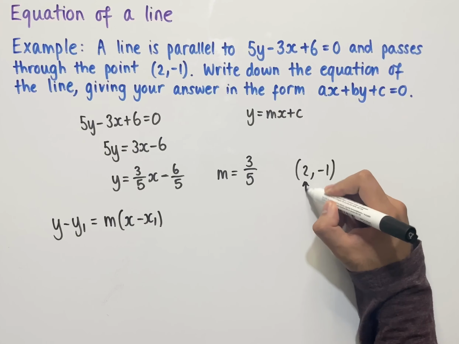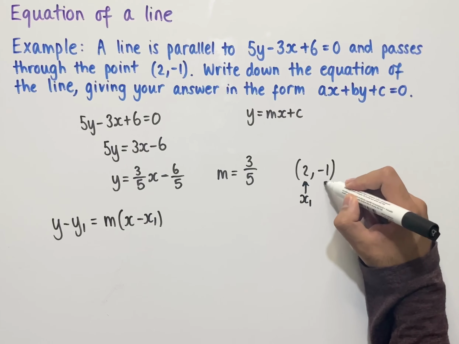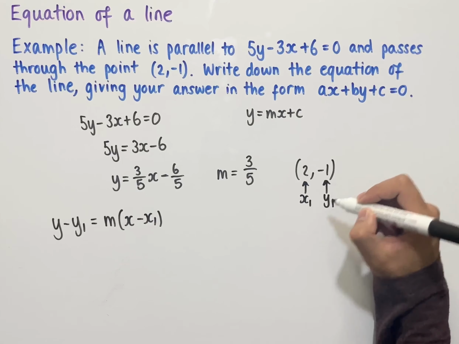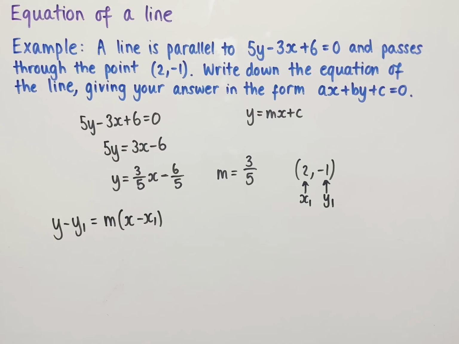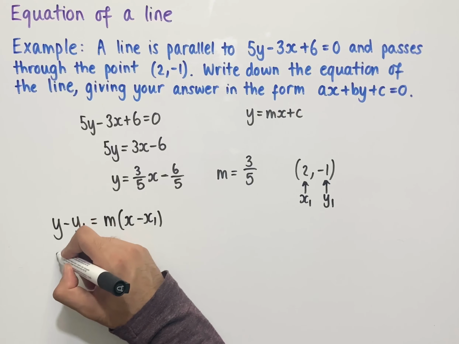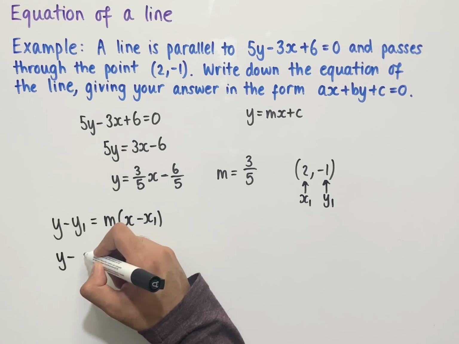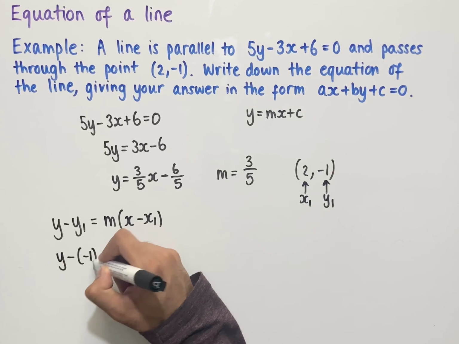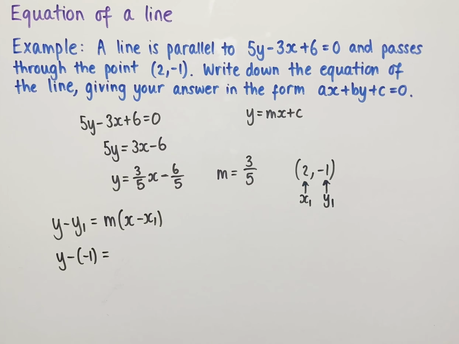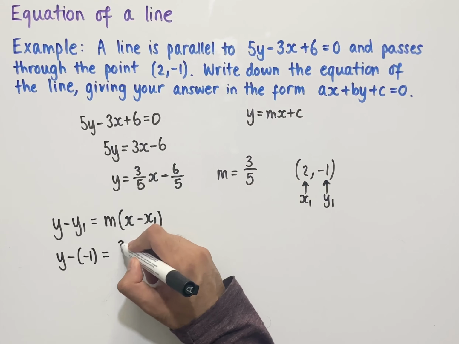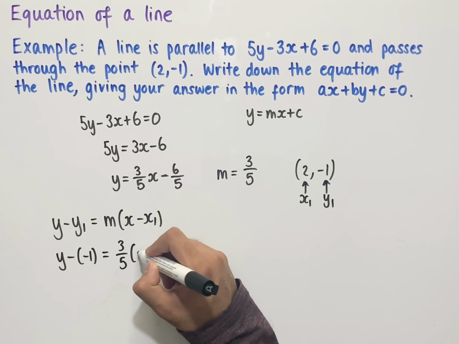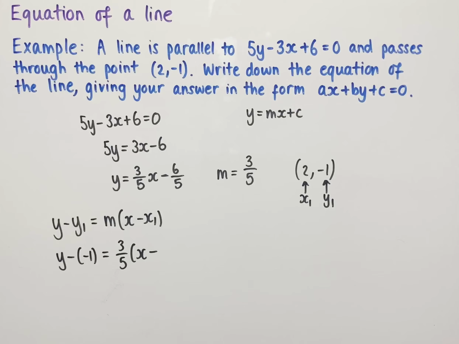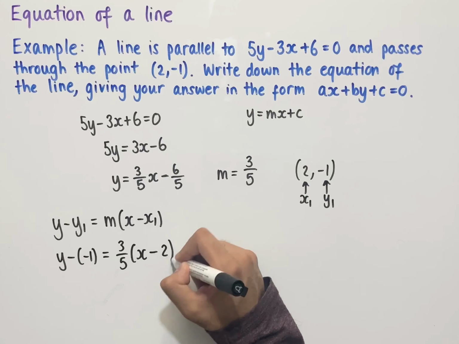So in this case, x1 is equal to 2 and y1 is equal to minus 1, and m is the gradient. And so substituting our values into this, we end up with y minus, so instead of writing y1, we're going to write minus 1. So in brackets, minus 1 equals 3 over 5, and then in brackets, x minus x1. So x1 is equal to 2.